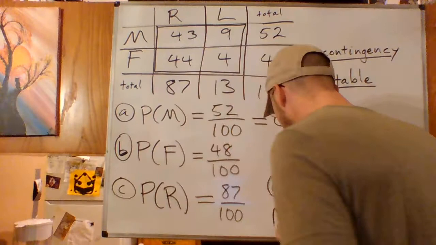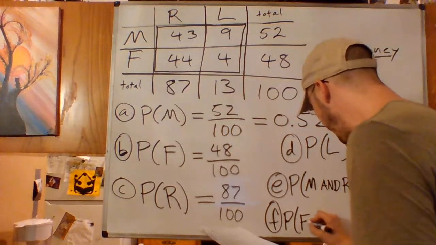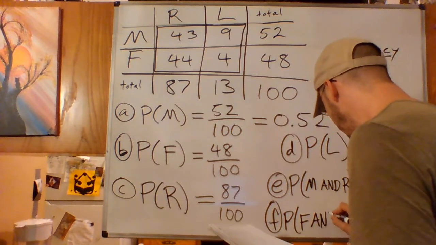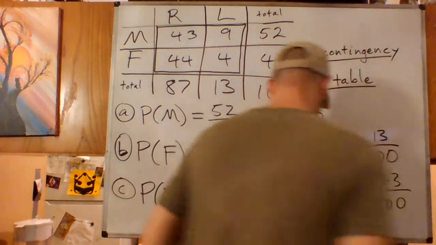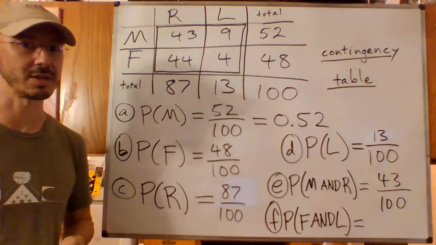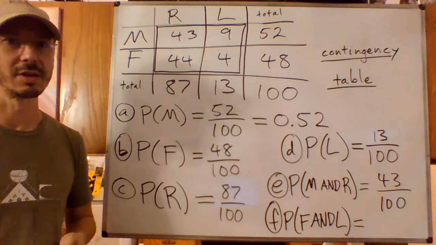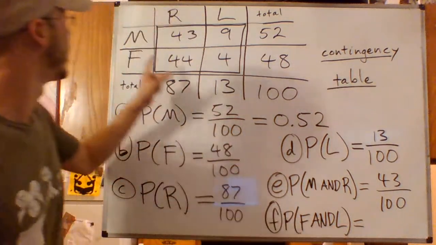Here's another similar one for F. The probability of F and L. The probability, that's kind of scrunched, it looks like Fandle. But the probability that the person is female and left-handed.